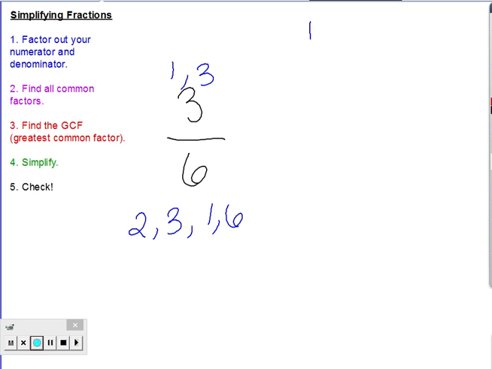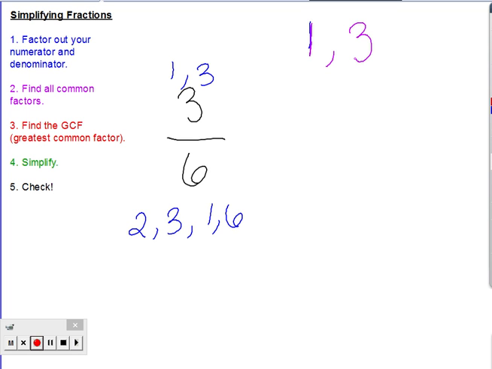So 1 is a common factor. I said I was going to write in purple, so let me fix that. Okay, so 1 is a common factor. Now, our numerator has a 3 as a factor, and our denominator also has a 3 as a factor. So 3 is also a common factor.